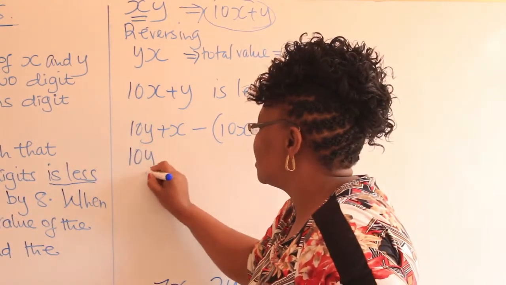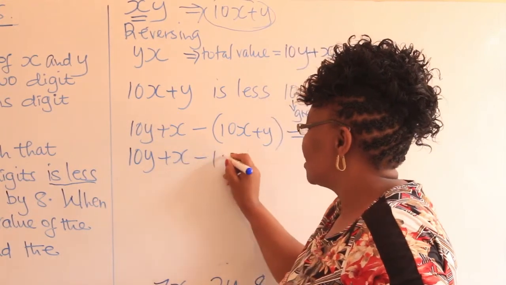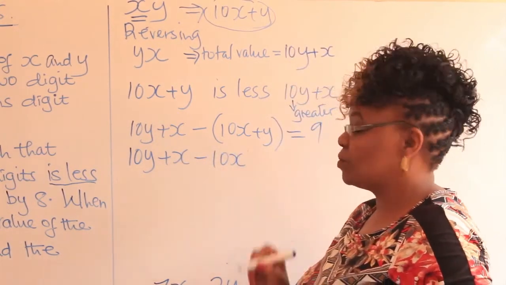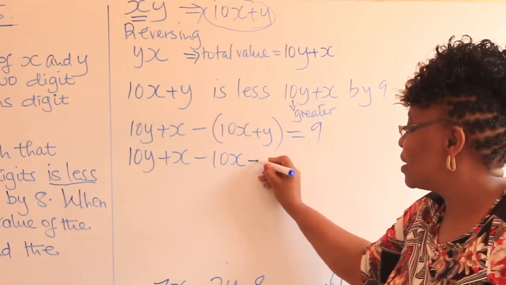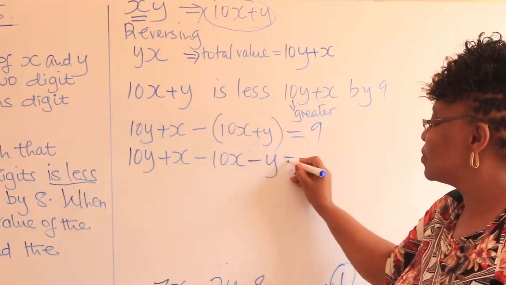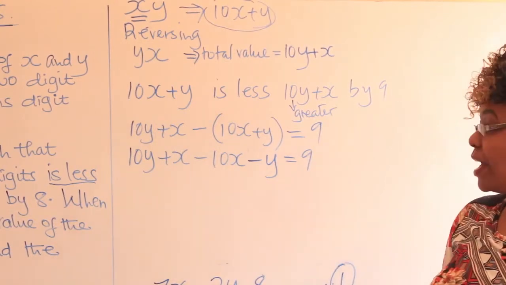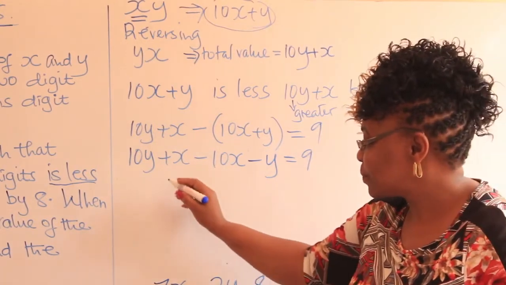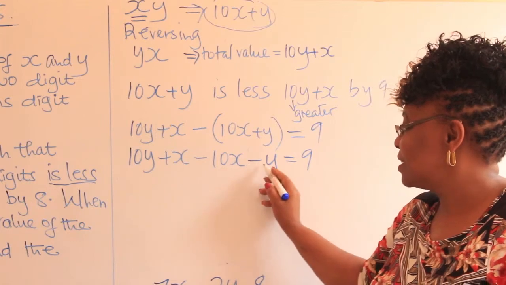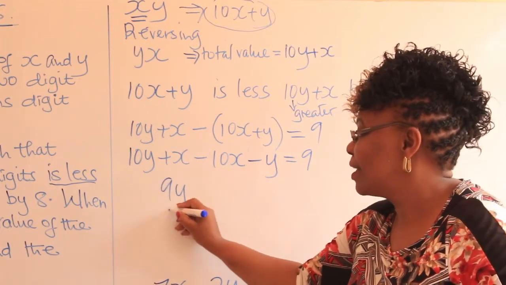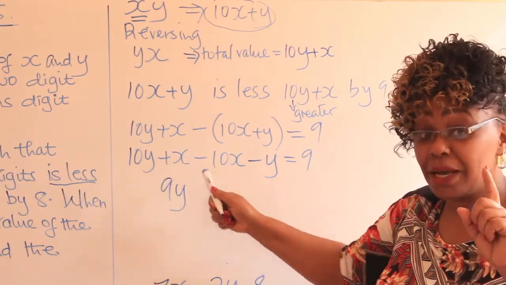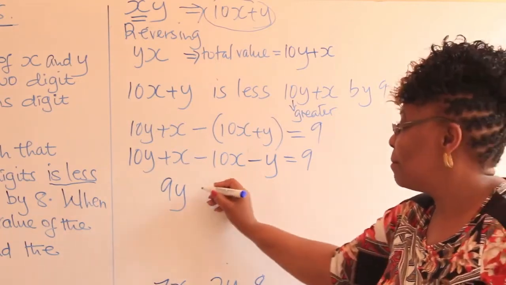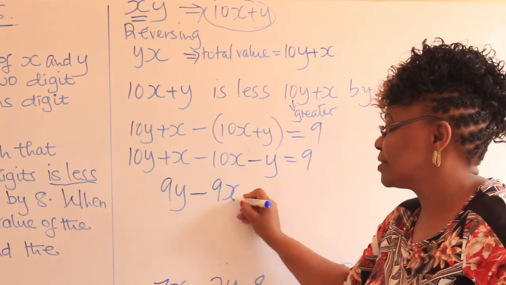Okay, remove this bracket carefully. Minus times plus becomes minus, so we have minus 10x minus y, which is equal to 9. From there, put the like terms together. 10y minus y gives you 9y. x minus 10x gives you minus 9x.